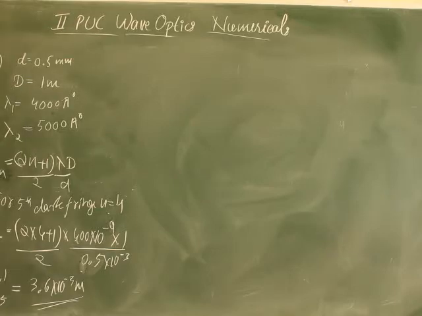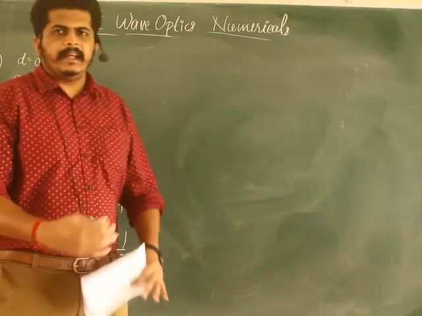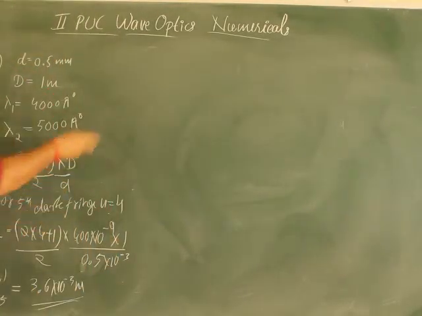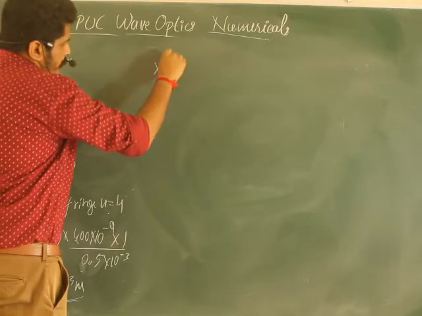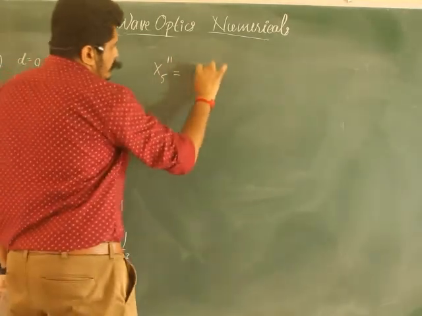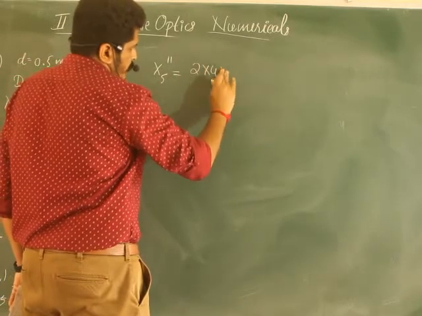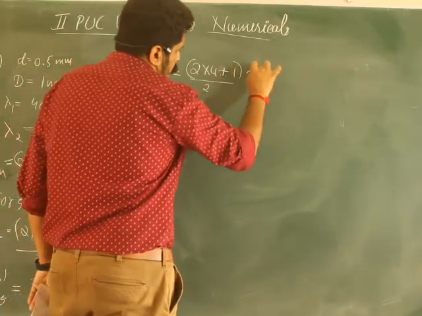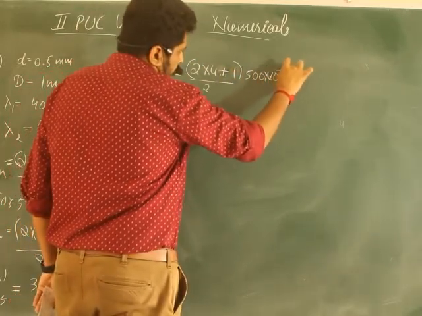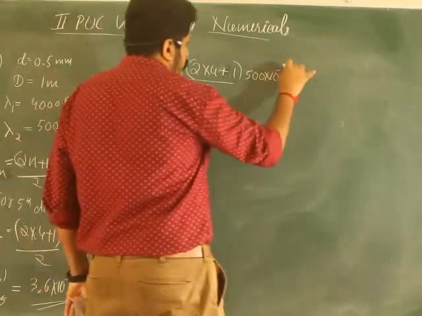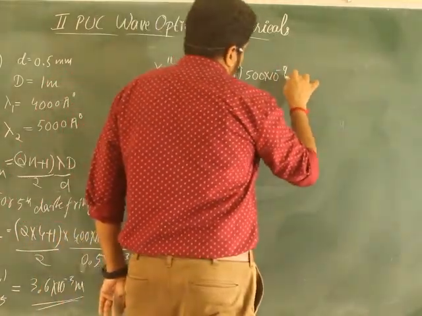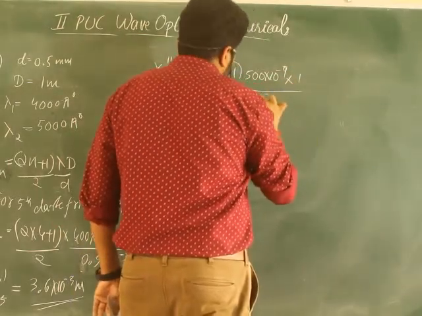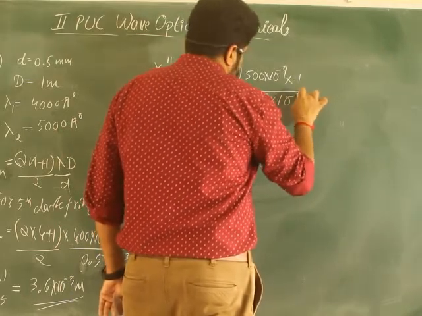Now what we are doing, we are using the same experimental setup, and again we are performing the experiment for wavelength 5000 angstrom. So I will take x5 double dash equal to 2n plus 1 divided by 2, lambda 5000 angstrom or 500 nanometer or 5 into 10 power minus 7, whatever is easy for you take, into D by 0.5 10 power minus 3.